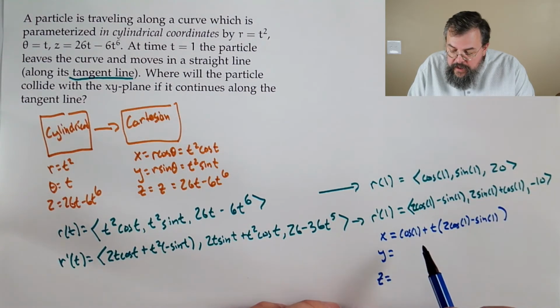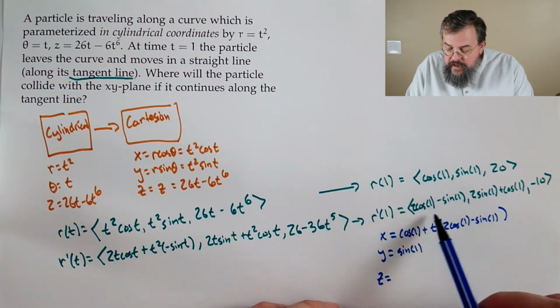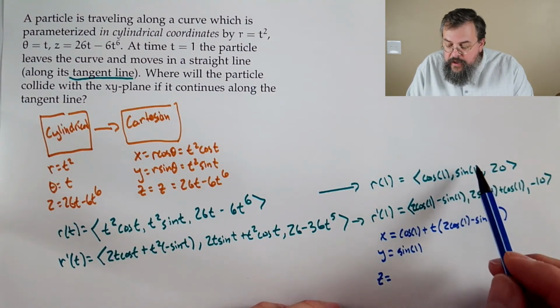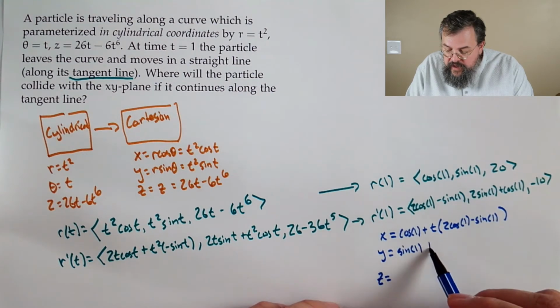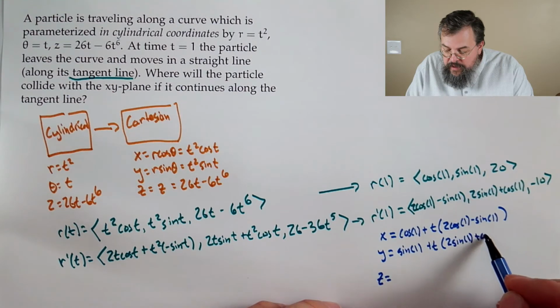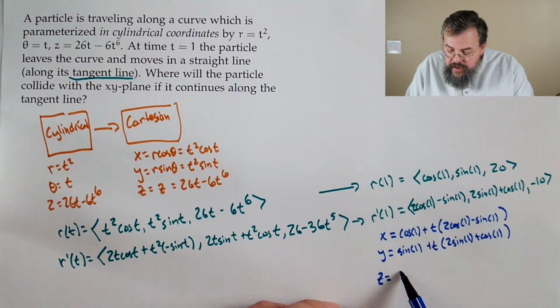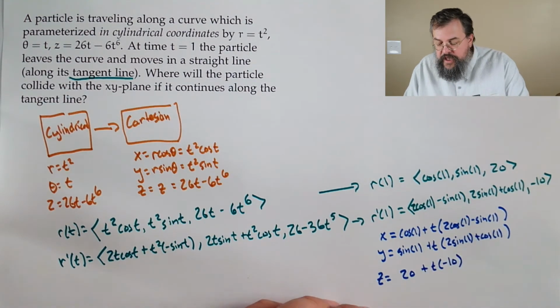And then y, sine of 1. See how we're doing this? The x coordinate, then t times the x rate of change. Y coordinate plus t times the y rate of change, 2 sine 1 plus cosine 1. Then the z coordinate, 20 plus t times the rate of change.